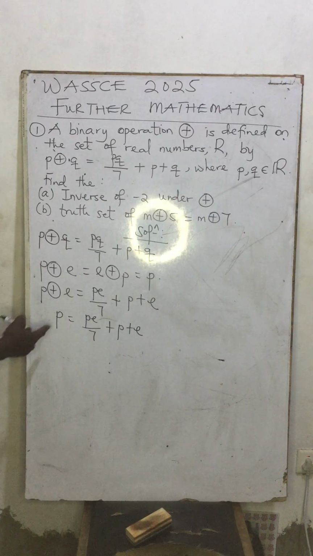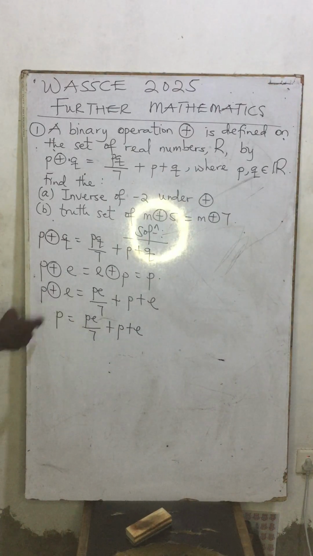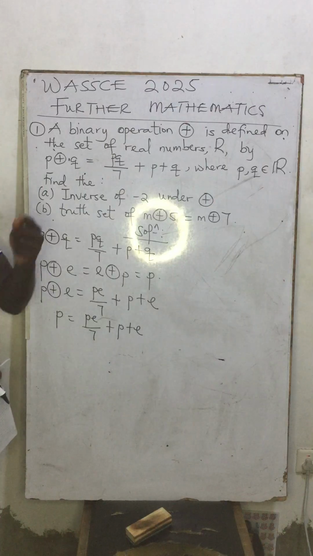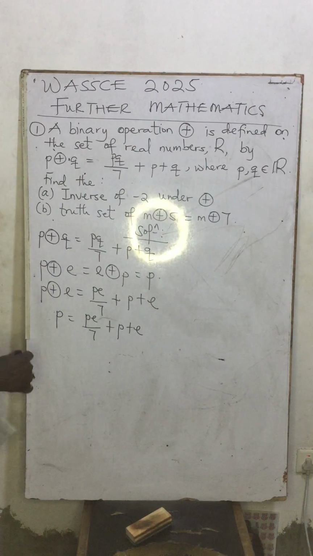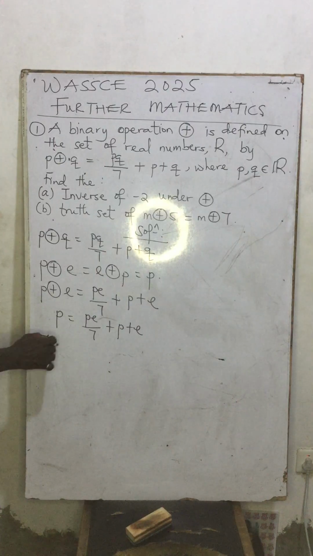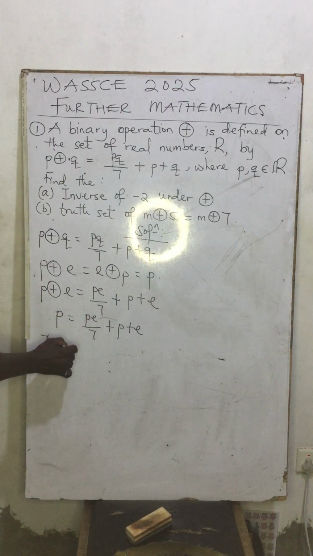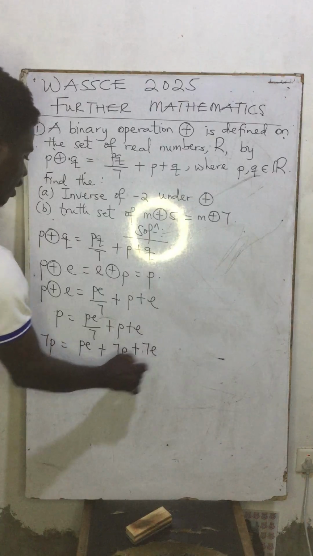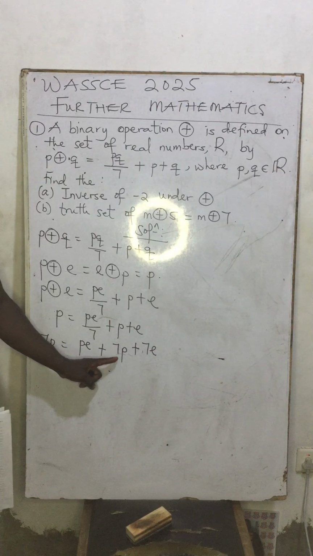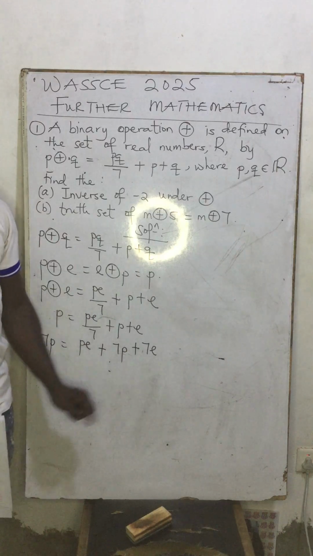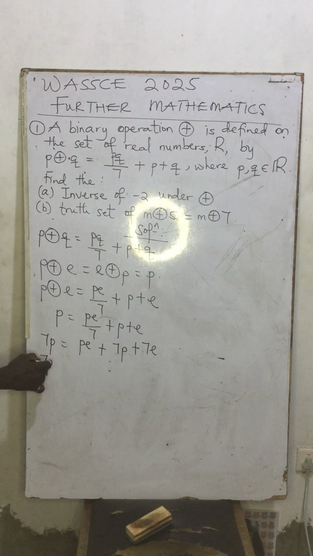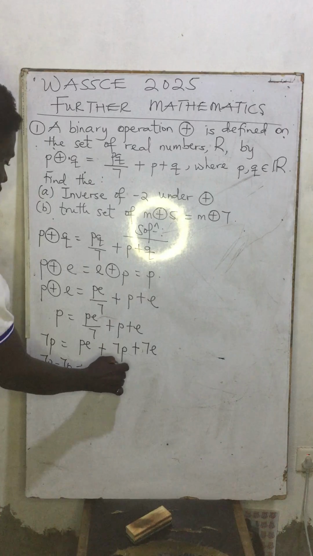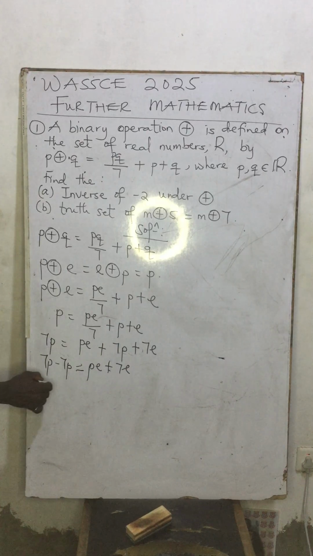Now, what are we making the subject? We are making E the subject. Let's multiply through by 7. How many terms do we have here? 1, 2, 3, 4. We have 4 terms and the LCM is 7. So we have 7P, and the 7 cancels here, so we have PE plus 7P plus 7E. Now we group like terms, putting the ones with E to one side. So 7P minus 7P equals PE plus 7E. 7P minus 7P is just 0.